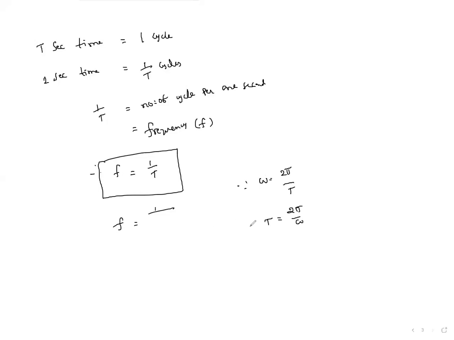If you apply this in this formula, f is equal to omega by 2 pi. Therefore, omega is equal to 2 pi f. So, angular frequency is equal to 2 pi into the frequency. All these are the formulas, characteristics of sinusoidal functions.